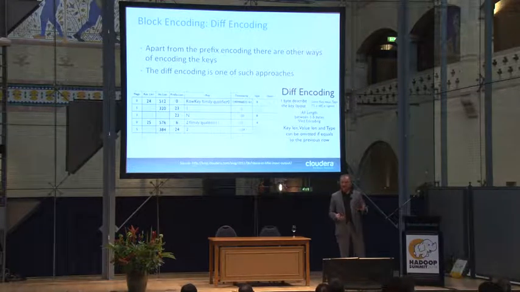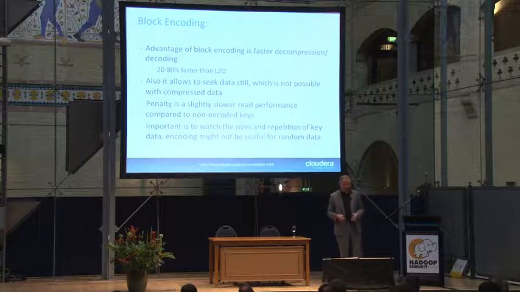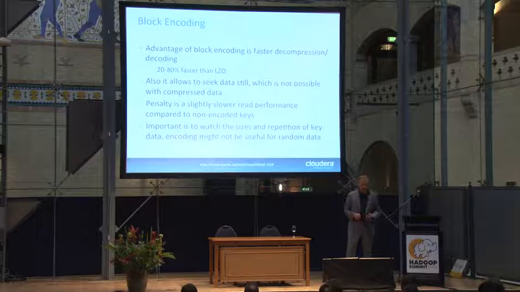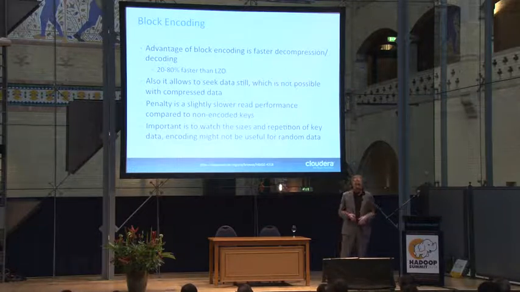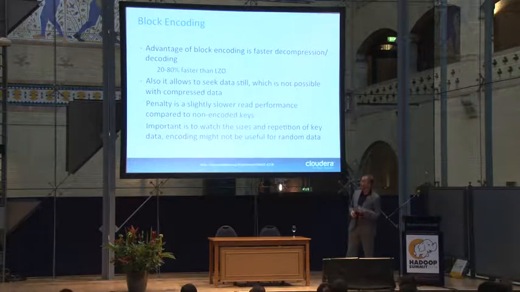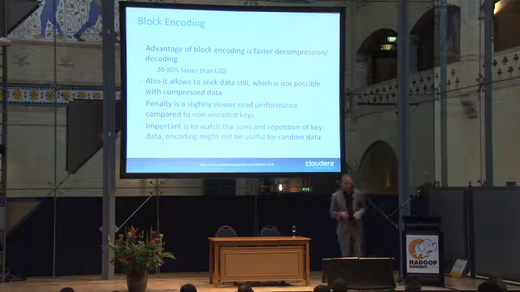So this is a step on top of that. It is more complexity, so it takes a bit more of a hit, but it's still interesting if you have certain use cases. In terms of penalty, the advantage is you can actually seek in these data structures. In anything that is compressed, you can't really seek. Here you can, so that's an interesting one. Then, as a penalty, it's slightly slower because you have to do some decoding when you read the data.